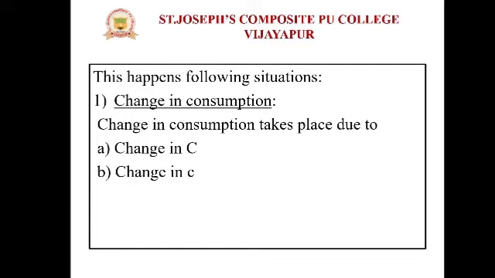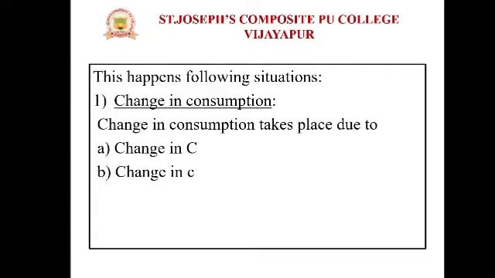And this will happen in two situations. One is a change in consumption. Why will this change in consumption take place? Consumption will change because of two reasons: one is a change in C, another is a change in small c.